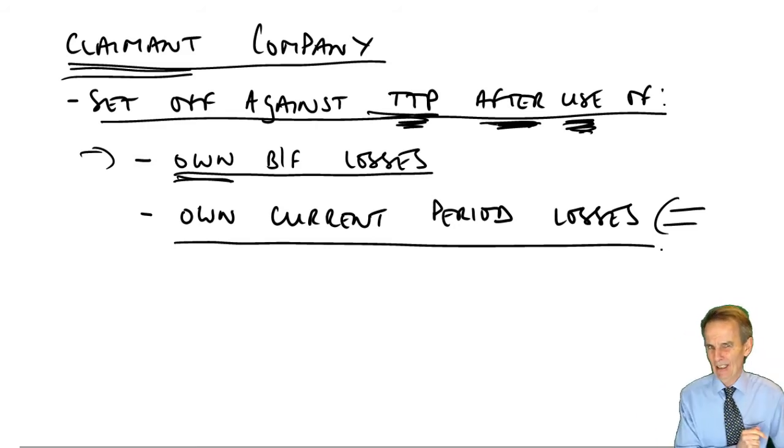What I'm now telling you is that the claimant company, the profit-making company, is itself also a loss-making company. So you're thinking, hang on a minute, that can't be right. How can the profit-making company, the claimant company, also itself be a loss maker? Well, it can, obviously, otherwise we wouldn't have this particular rule.